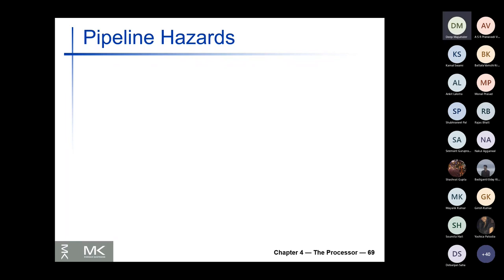All stages to be full. All stages full, and then once it is full, for every clock cycle, one instruction will be finished, right? Yes, sir. That means it will finish completing one instruction at every clock cycle if everything is ideal.